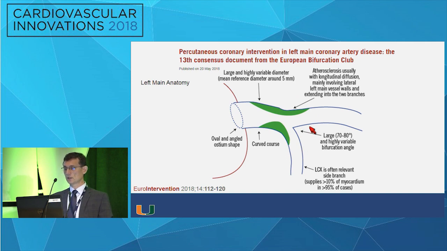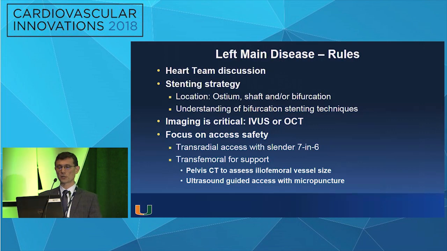This angle will also determine the type of technique that we will use. With complex lesions, we just cannot get away with one stent in many cases, because the circumflex will subtend a large portion of myocardium.